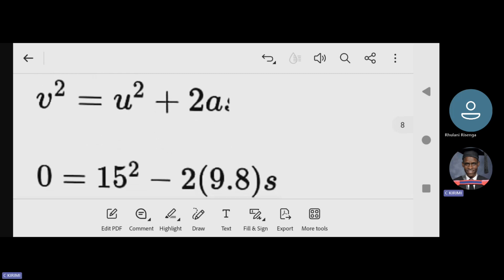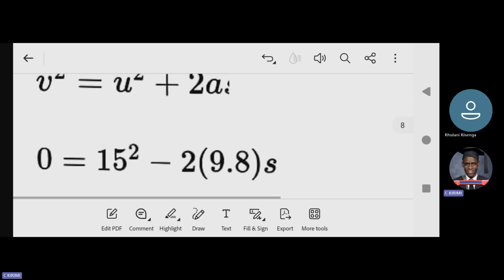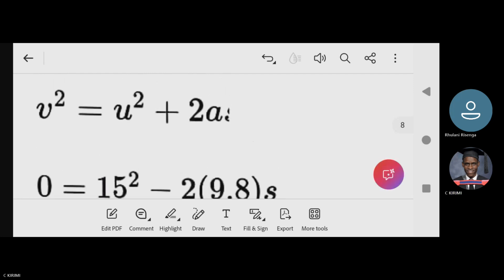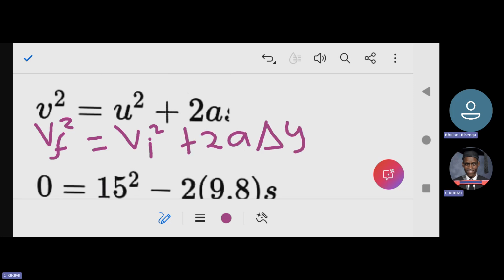Or you can use the VF formula. You choose what you want. But the correct formula, which is very fast, is VF squared is equal to VI squared plus 2A change in Y.